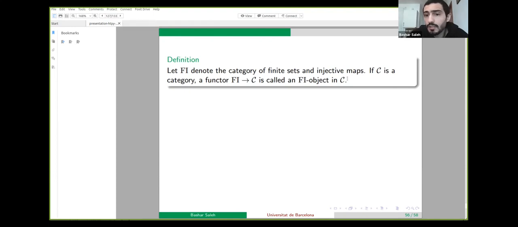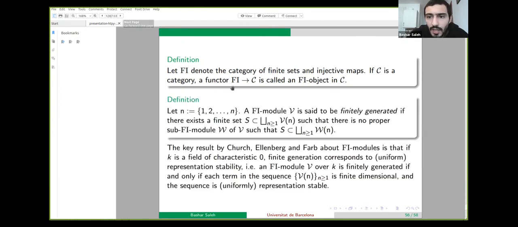If C is the category of R modules, then we just call an FI object in the category of R modules an FI module. There is a notion of stability for an FI module V. Let n be the set of n elements.